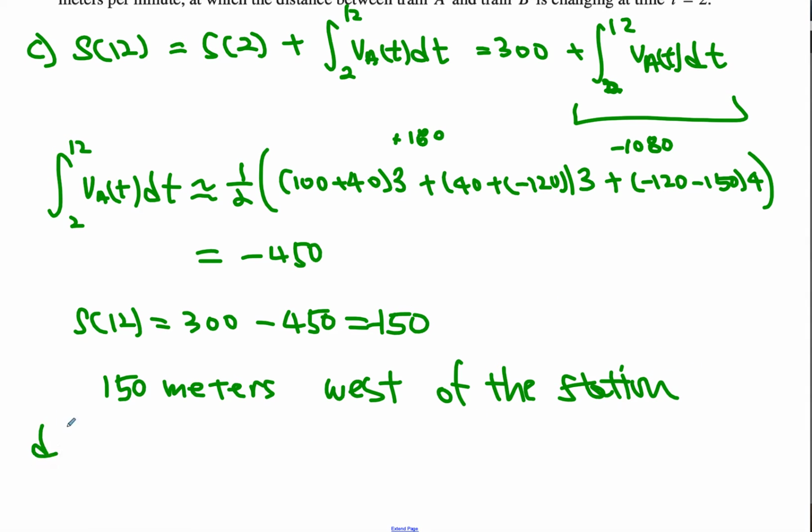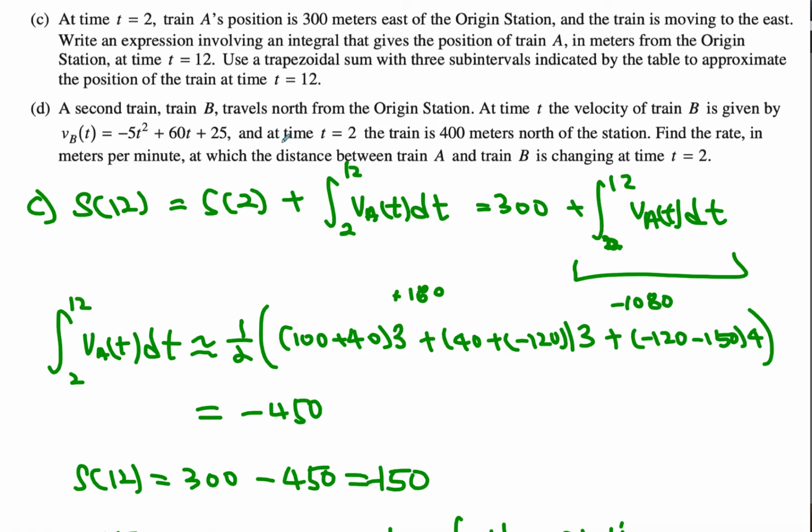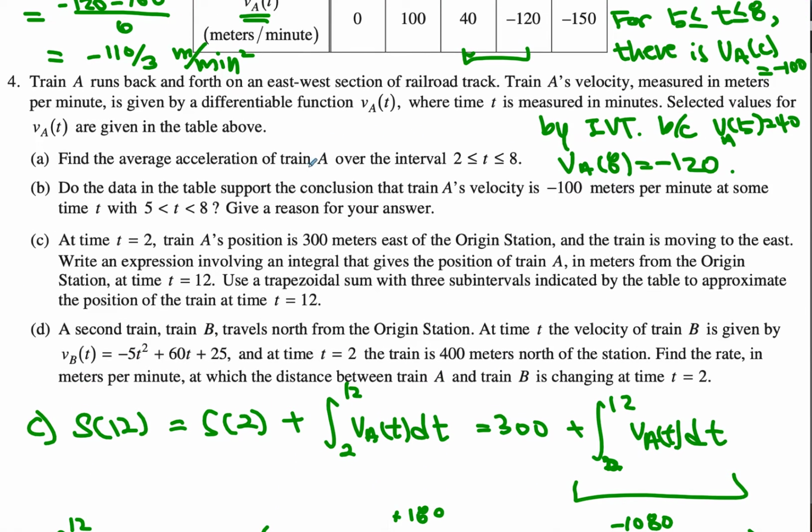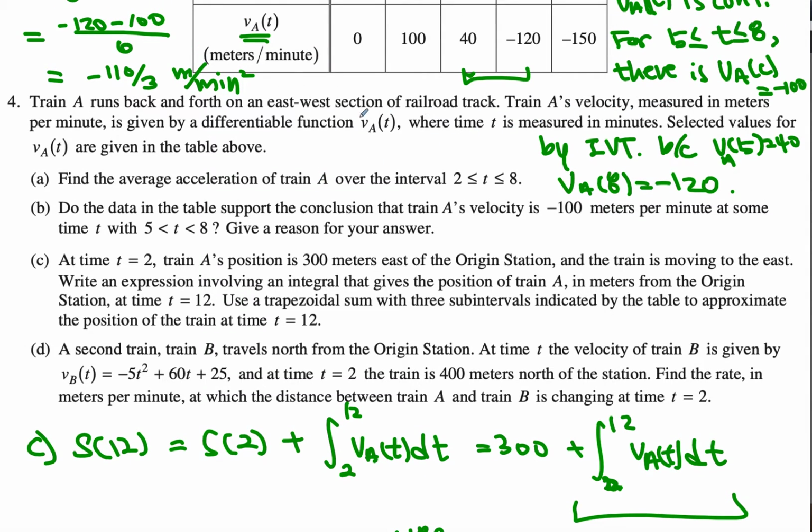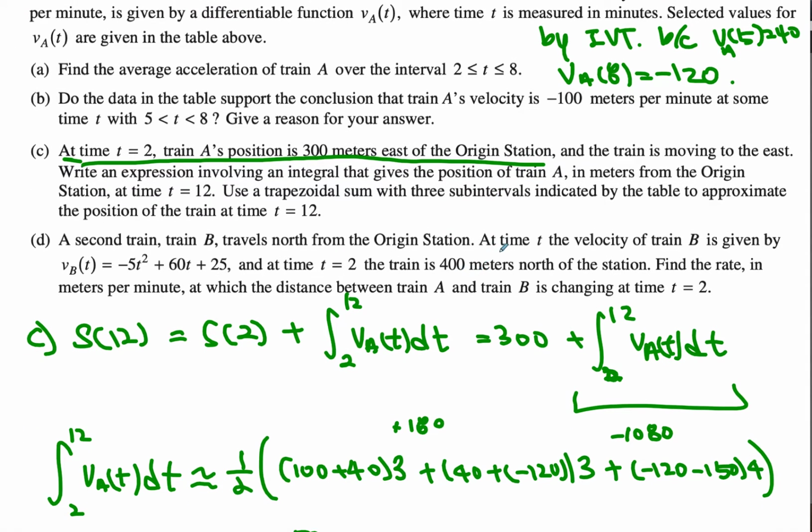All right, let's look at part D here. The second train, train B, travels north from the origin station at time t. The velocity of the train is given this way, and when time t is equal to 2, the train is 400 meters north of the station. And at t equals 2, train A was 300 from here. Then I smell a 3, 4, 5 triangle here somehow.